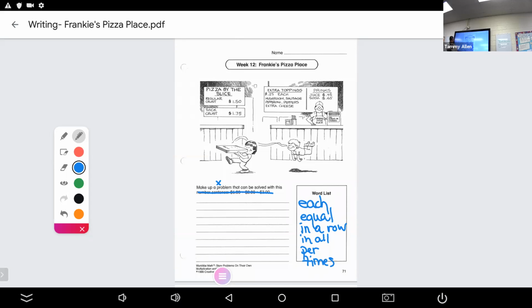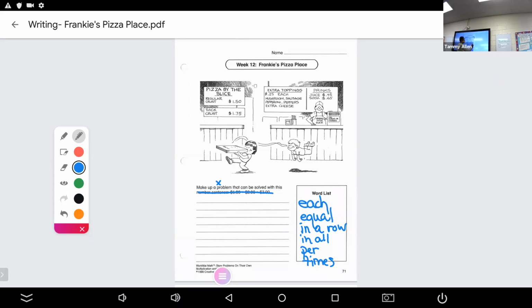Okay. All right, if you think you can come up with another one that would indicate any kind of multiplication, but we're not using words like how many. Does that make sense? Okay.